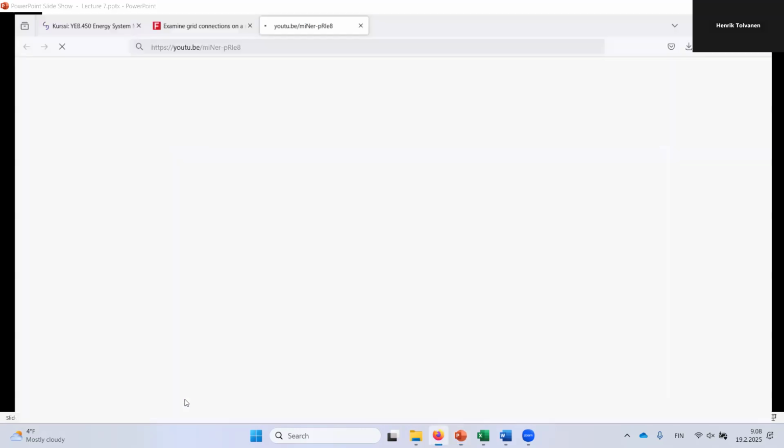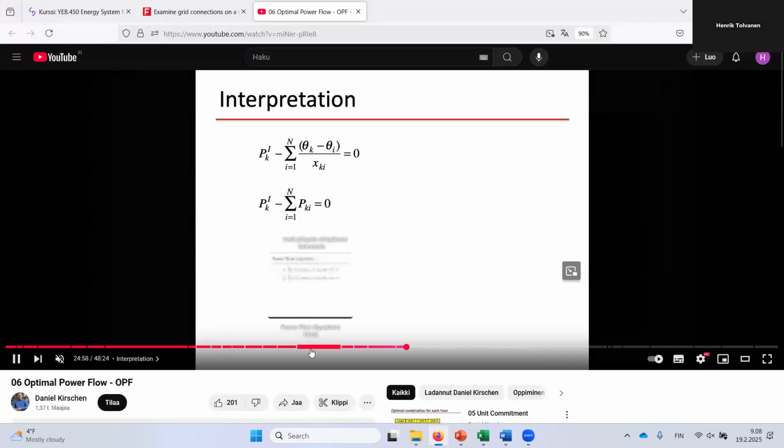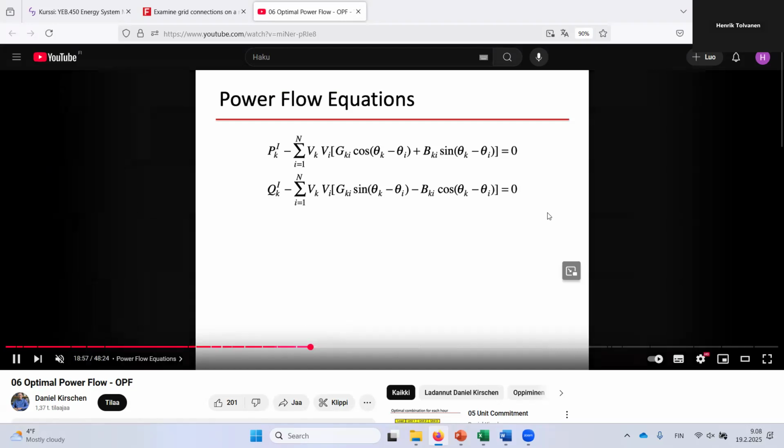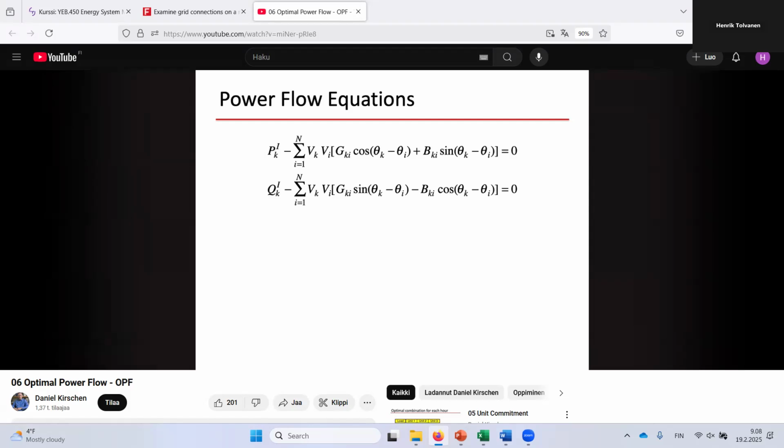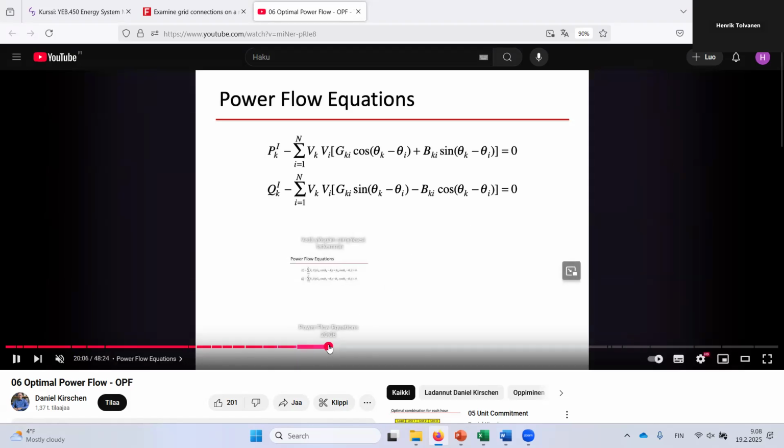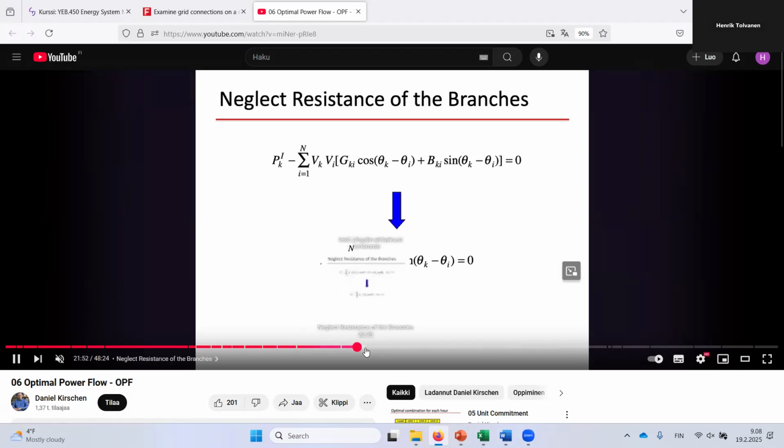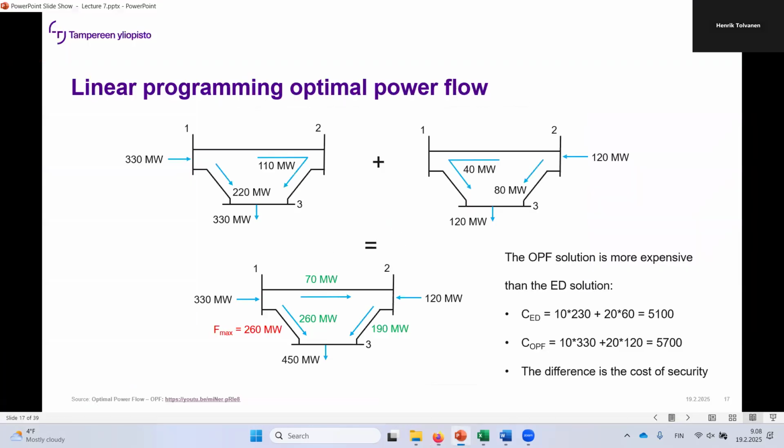And this is gone through in this YouTube page. And as I said, in this video, they go through it from the beginning, from the AC power flow equations. So you have the phase angles and all of these terms are explained, and how you converge to this simpler form of utilizing this DC analog.